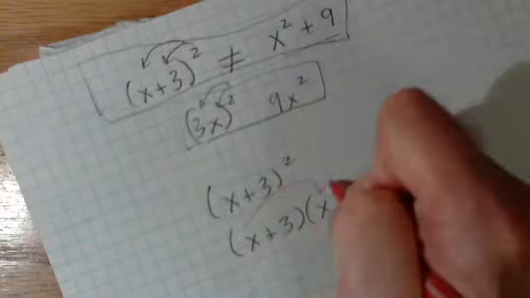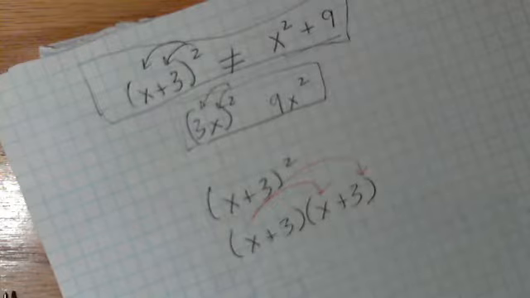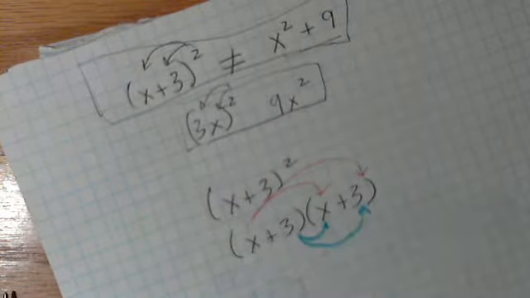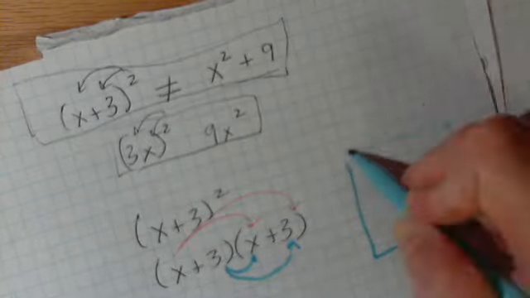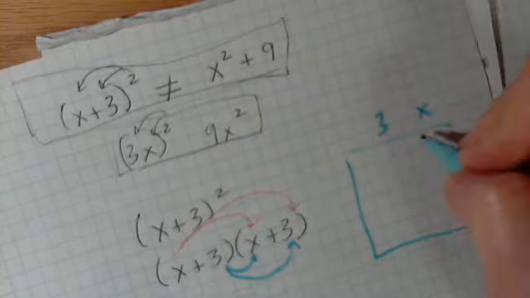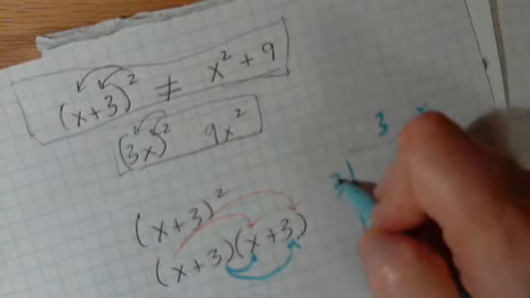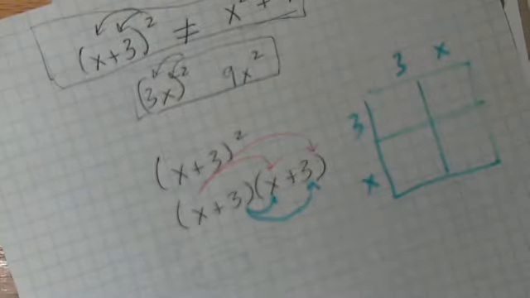So this times this times this, 3 times the x, and 3 times the 3. Or you can set up the box method, 3 plus x on top, and 3 plus x on the bottom. Okay, I'll do both methods for you quickly.